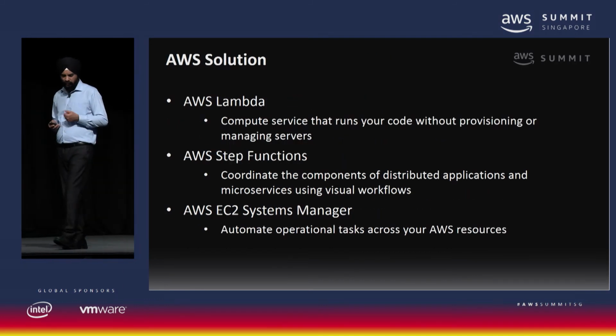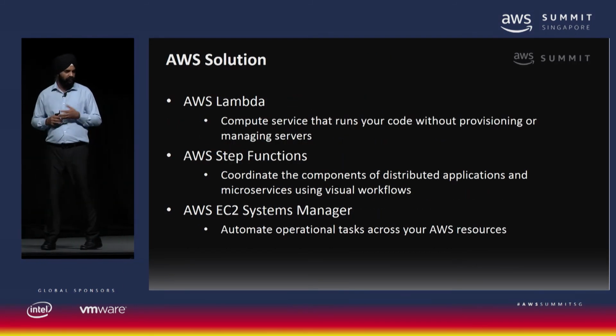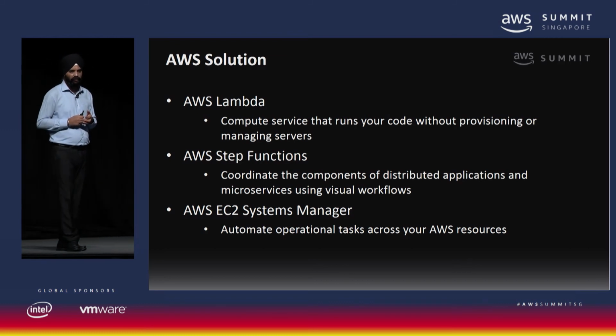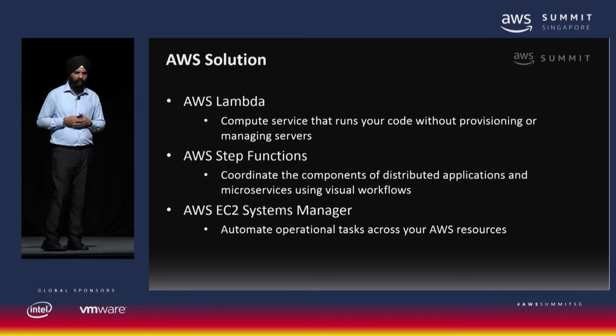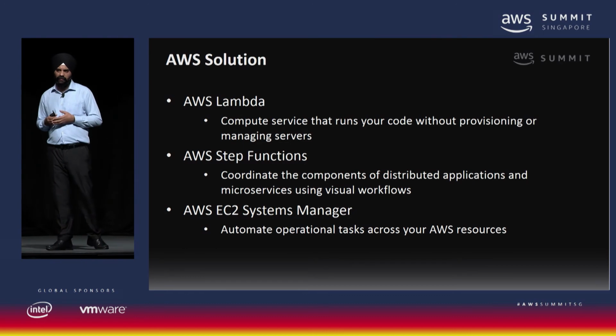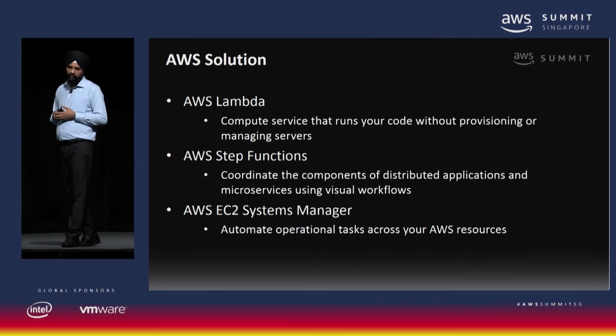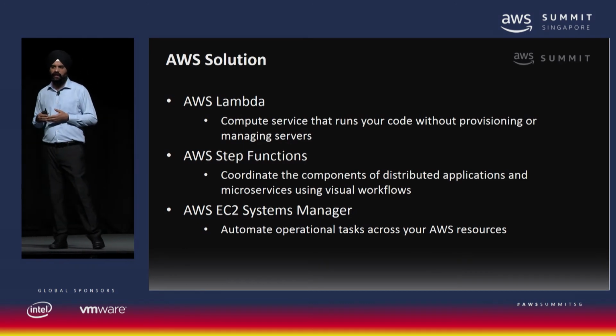So what is the AWS solution? It's based upon AWS Lambda, AWS Step Functions, and EC2 Systems Manager. It's a completely serverless solution. So let's take a look at what these services are. AWS Lambda is a serverless service that allows you to execute your code without provisioning any infrastructure.